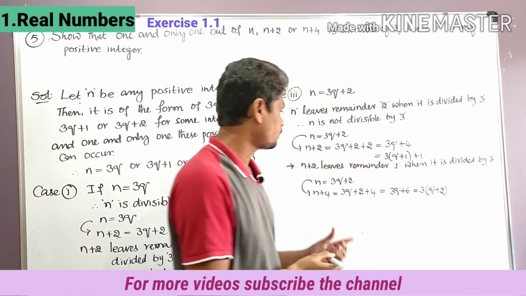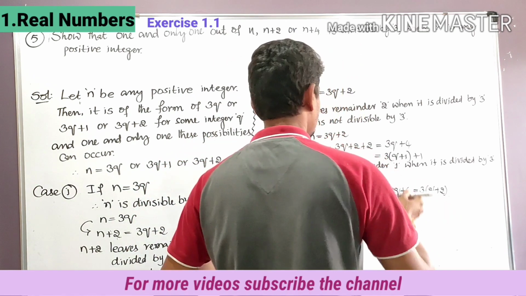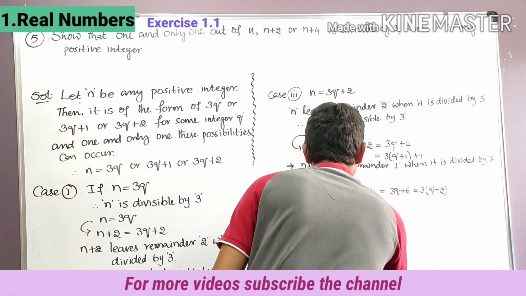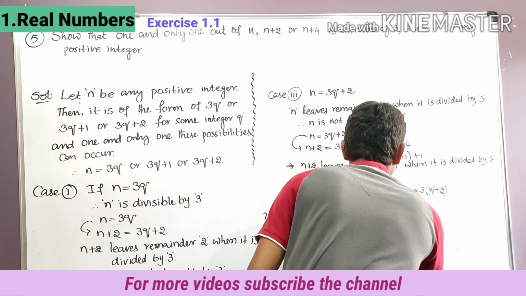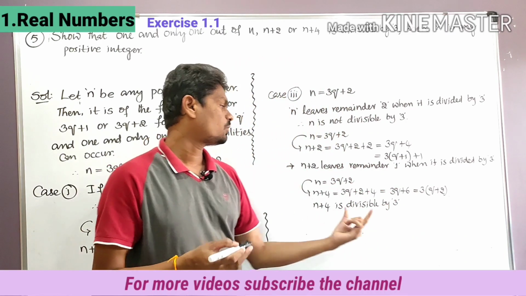So here n plus 4 is a multiple of 3, student. Therefore n plus 4 is divisible by 3.